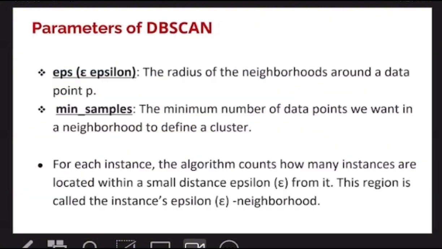There are two major parameters when it comes to the density-based way of clustering. Number one, you need to identify the minimum neighborhood distance.